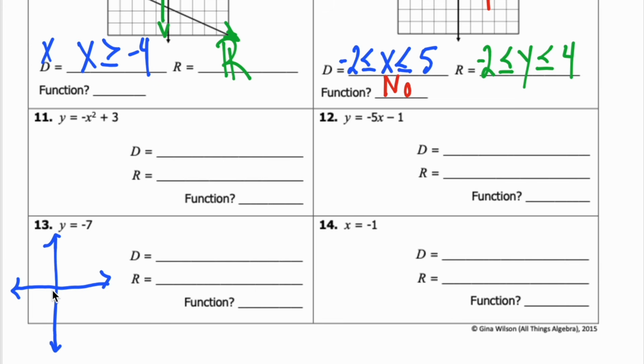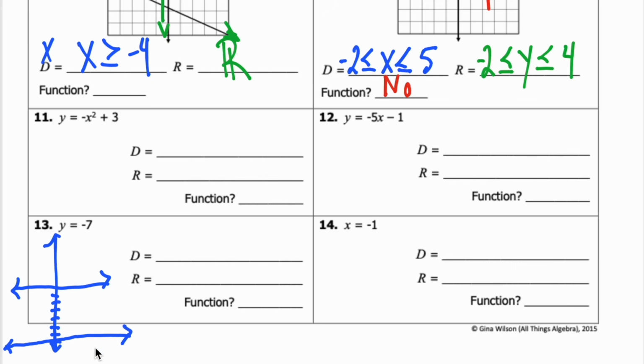Well, it's telling us that our line is going to be at -7. So let me go ahead and make that 1, 2, 3, 4, 5, 6. Yep. All right. And then our line is only going to be at -7. And remember, what kind of line is that? It's a line with a zero slope, right?